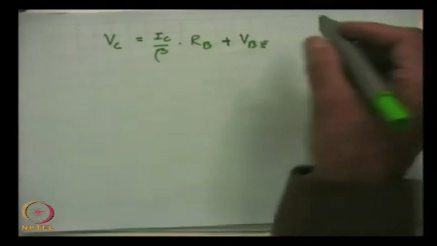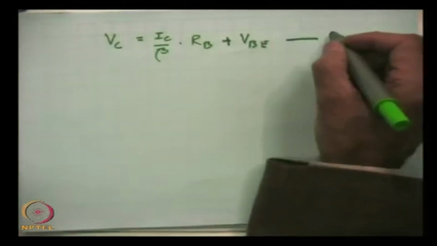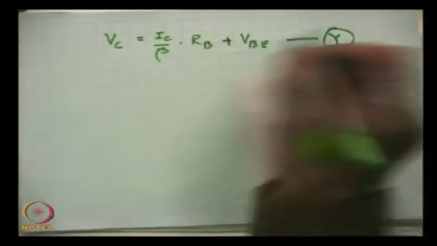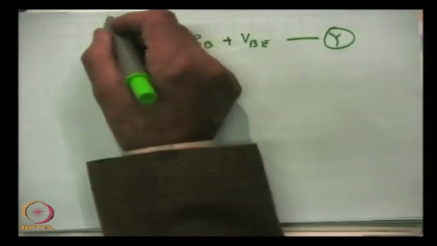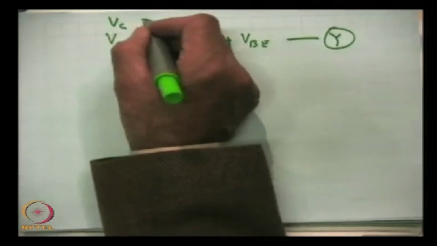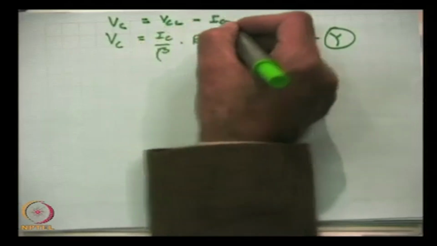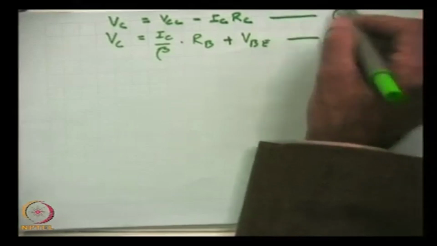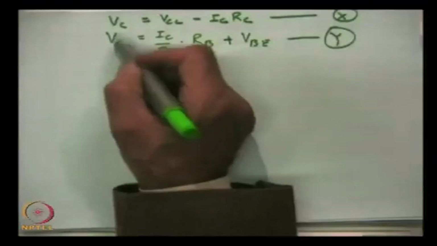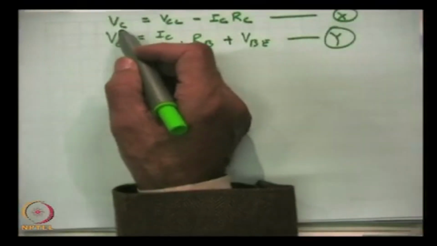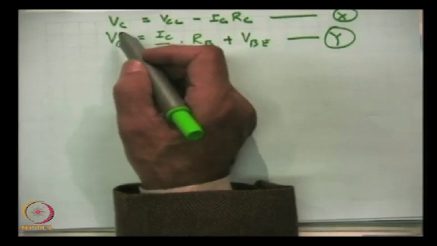This is one equation, let us call it Y, and earlier we obtained an equation Vc equal to Vcc minus IC RC. Let us call this X. We can eliminate this Vc, because Vc is an unknown quantity.